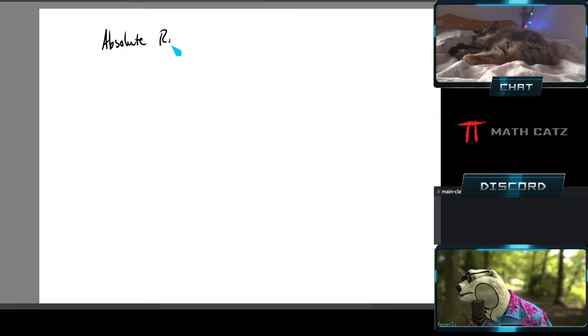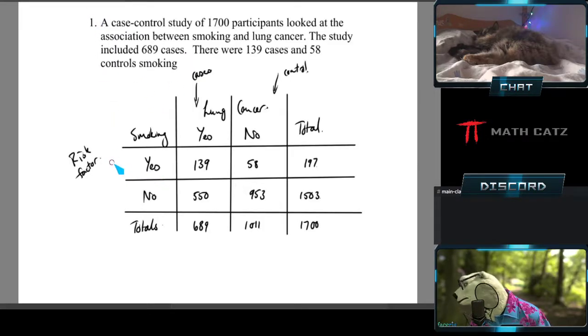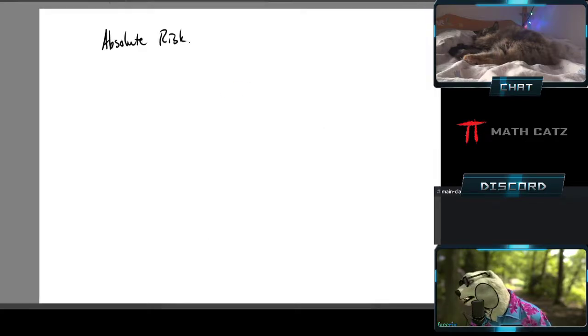Absolute risk. Now, of course, we have the exposed group. My pen is super big here. This is exposed, not exposed, risk factor, right? So we have our short ones here.